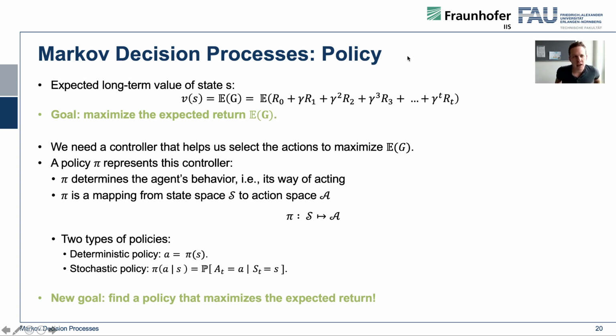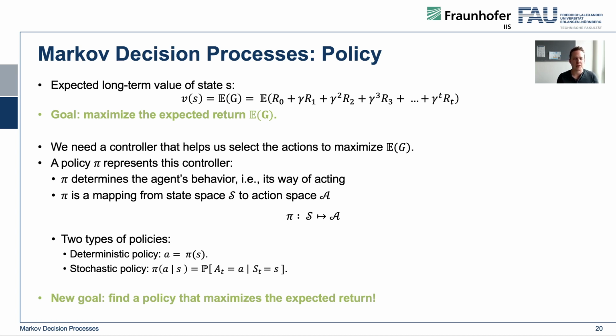If we can approximate the long-term value of a state S given by this, we can just say, okay, let's just maximize this. So we want to maximize the expected long-term value that we can have from a state S.